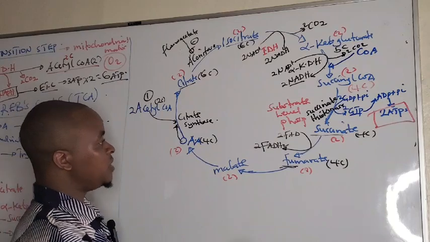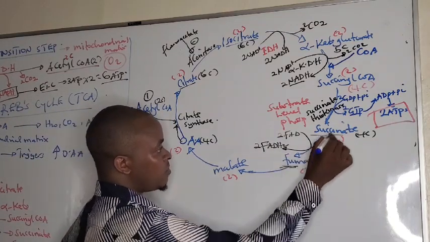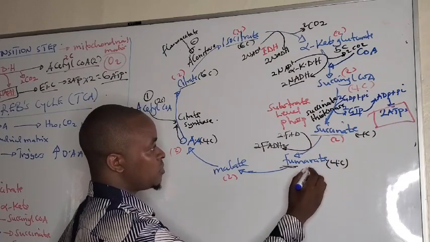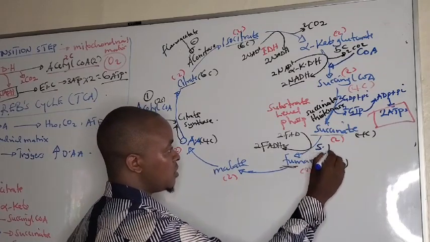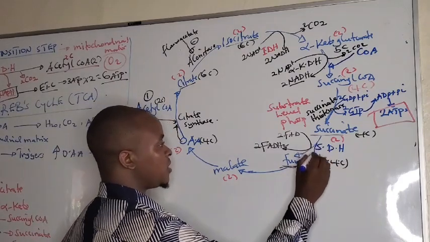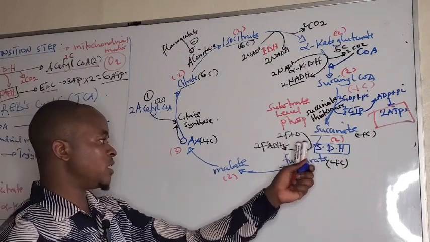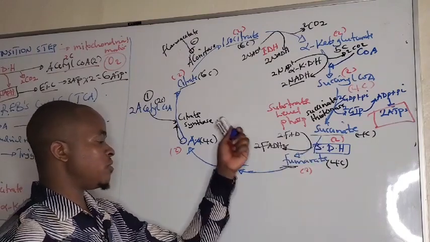And the enzyme is still a dehydrogenase and is named according to the substrate. So it is succinate dehydrogenase enzyme. Succinate dehydrogenase is the one that catalyzes the oxidation of succinate to fumarate with the reduction of FAD.